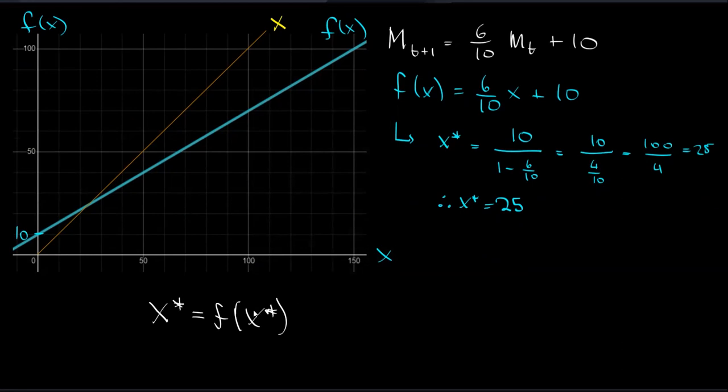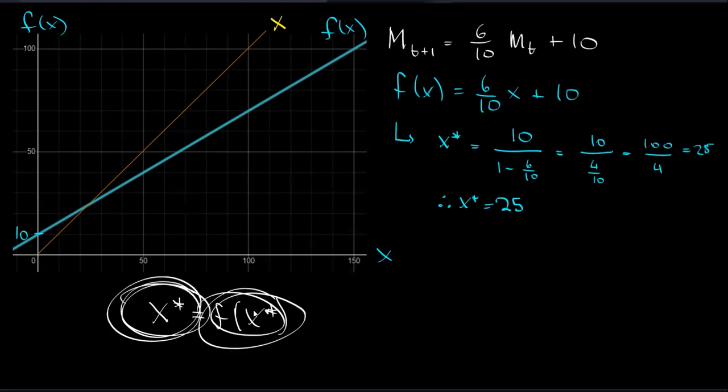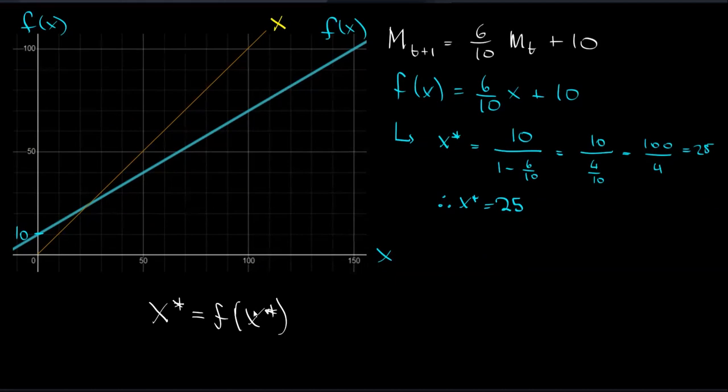But if we think about it graphically, when I set the function x equal to the function f of x, I get the intersection point between them. If you look closely over here where they intersect, they intersect at exactly 25.